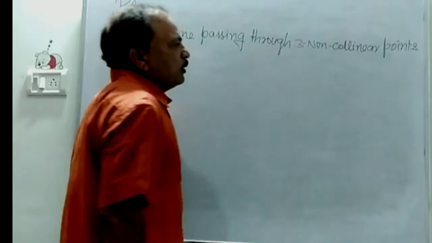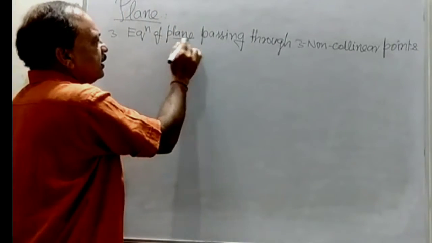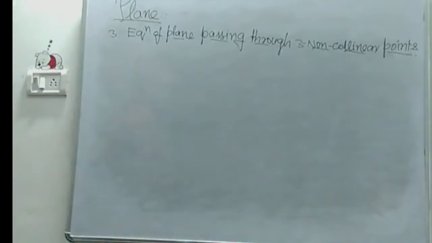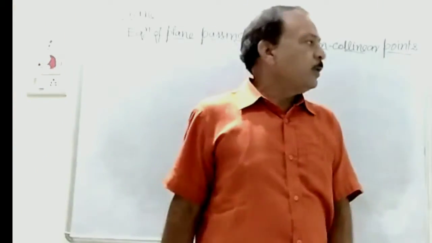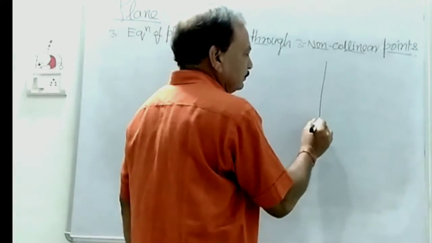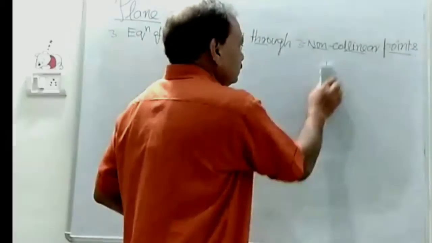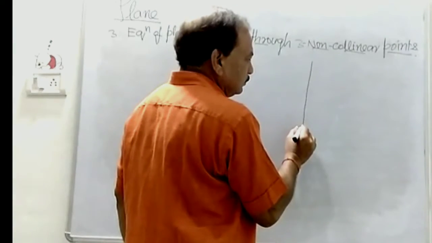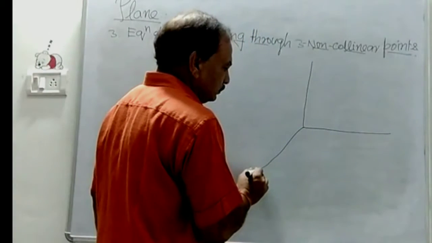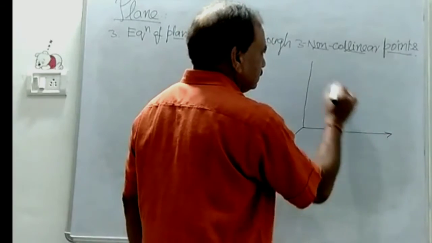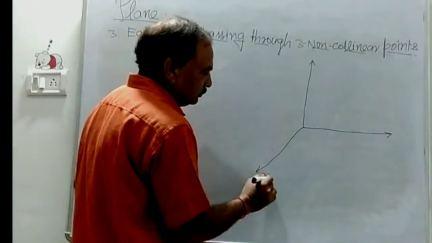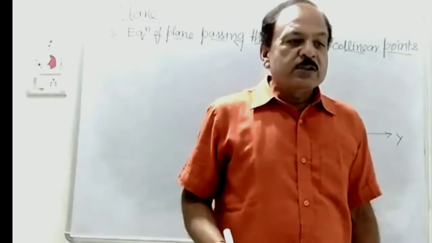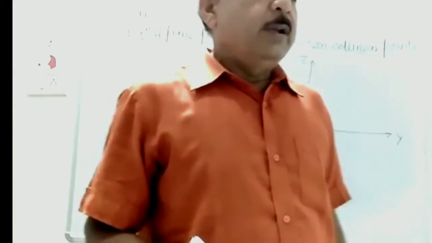Now let us see the equation of a plane passing through three non-collinear points.